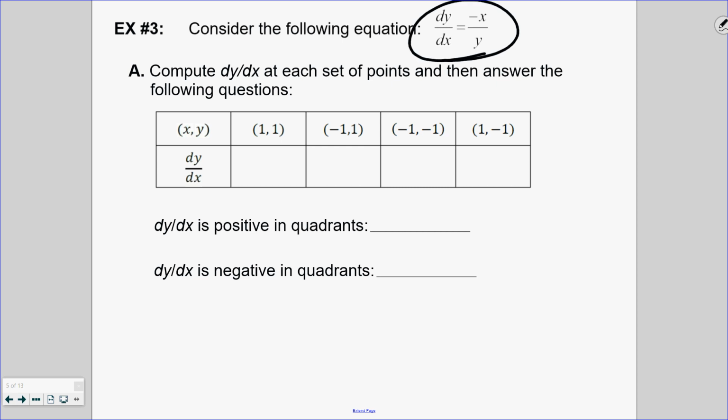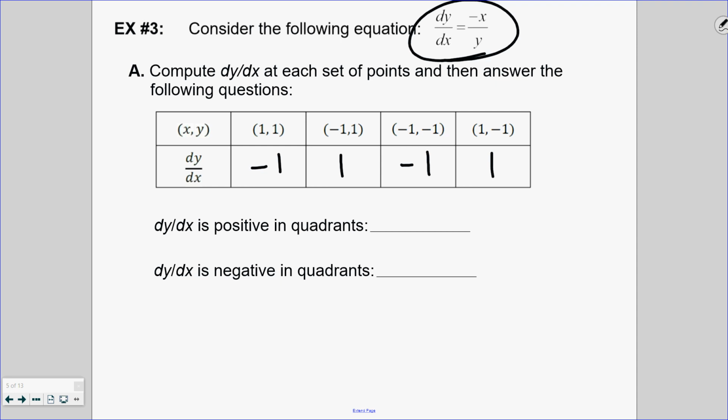So we'll have negative 1 over 1, so we get negative 1. If we plug in (-1, 1), you'll get negative of negative 1, which is 1 over 1, so you get 1. If you do (-1, -1), you'll get negative 1 over negative 1, so negative 1, and (1, -1), you'll get 1. And those are pretty simple. You can do that arithmetic.